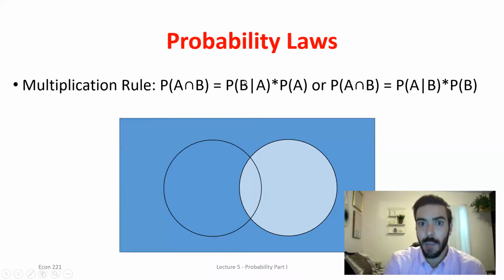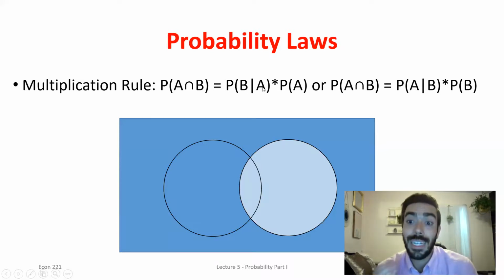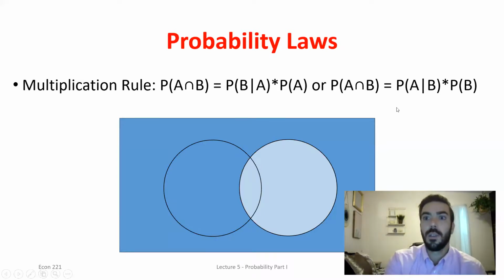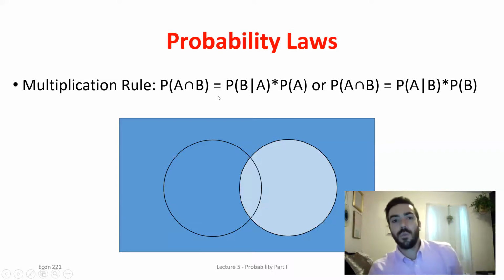So this is still a probability of B, it's just now conditioned on A. So we call this the conditional probability of B. Similarly, over here, this is the probability of A, just a conditional probability of A. I'm conditioning on B having already occurred, but I'm still looking for the probability of A. So the multiplication rule says, for now we'll just believe it, I'll try to give you an idea of why it holds: the intersection of two events is the conditional probability of an event times whatever I'm conditioning on.